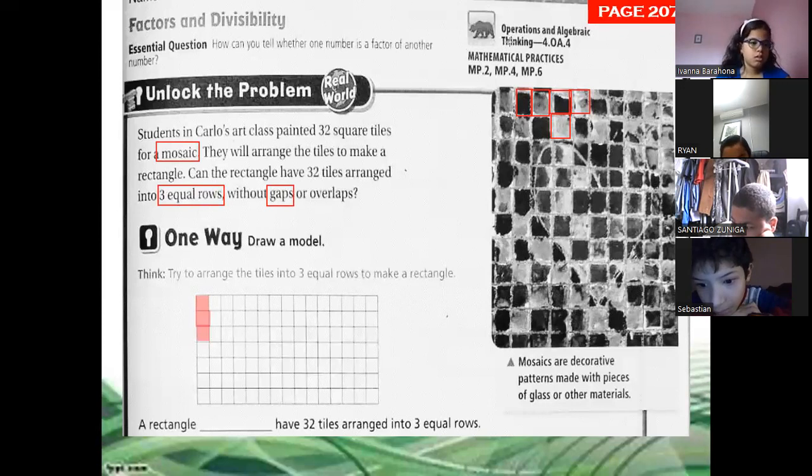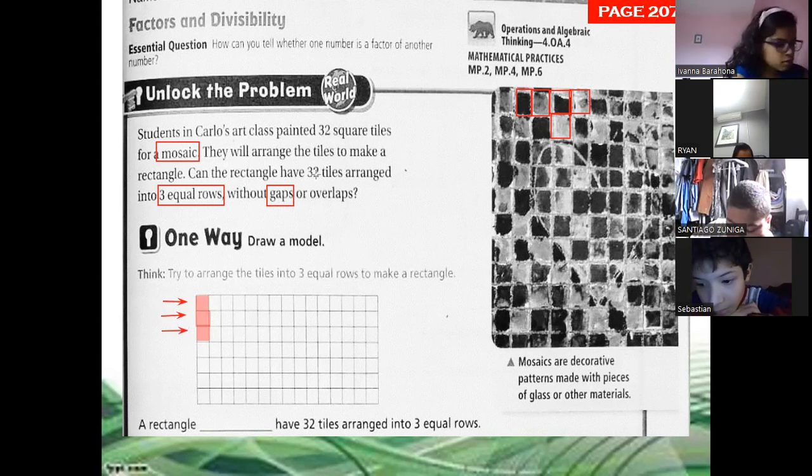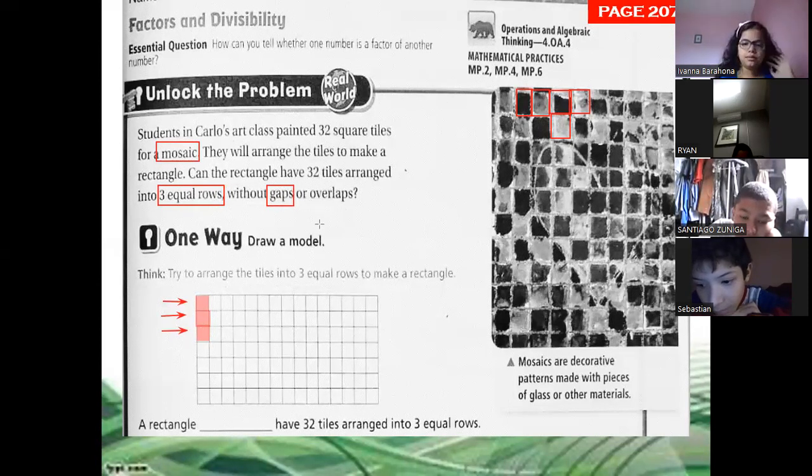Okay. These are rows. Rows go from left to right, in this direction. 3 rows. So how many do we have here? Here, how many did I color? 3. So I am going to continue counting by 3.